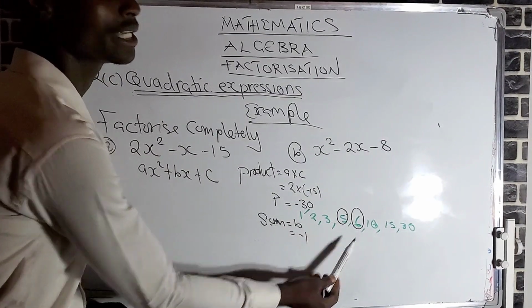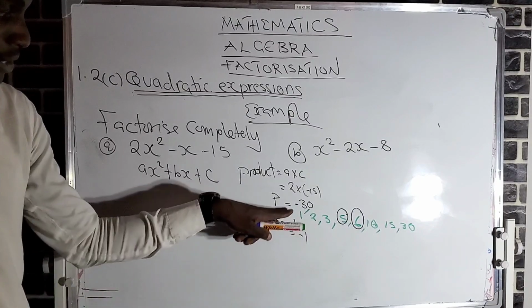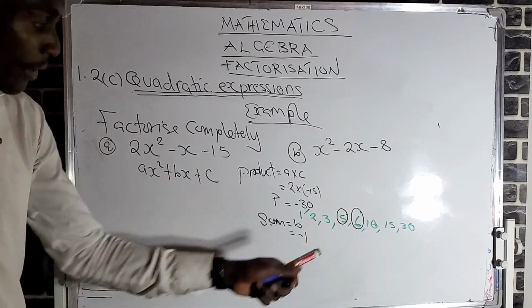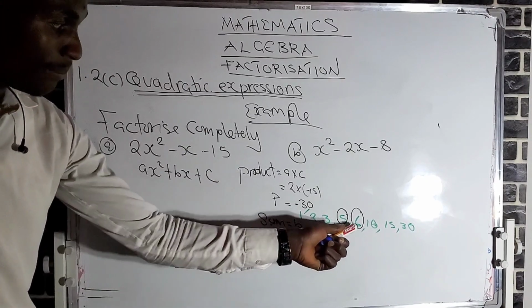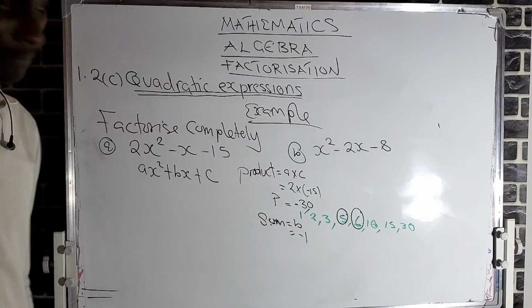Meaning one of these is negative, not both. When both are negative, this would have been positive. For us to get negative when you add, the bigger factor was the one that was negative. Let's try them out. Yes.